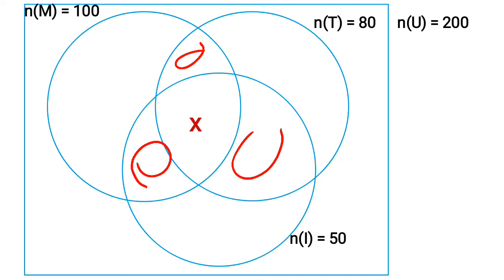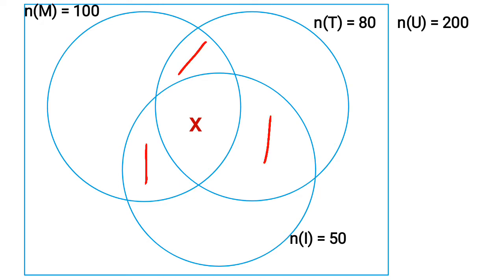So when you are asked to find those who complained of exactly 2, meaning add this region to this region and that region. When you add the 3 regions, you are going to get those who complained of exactly 2.